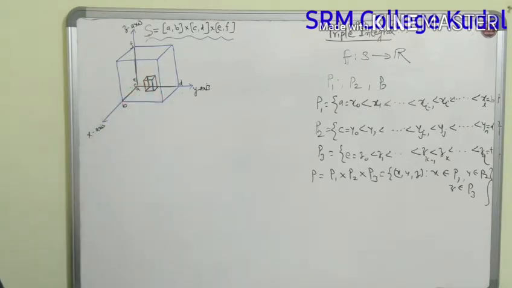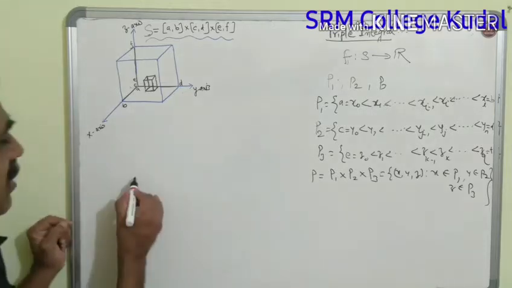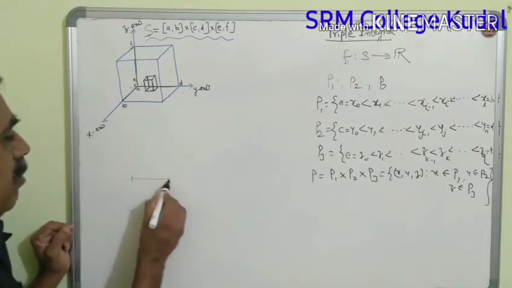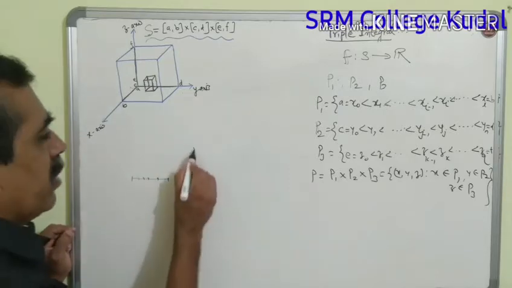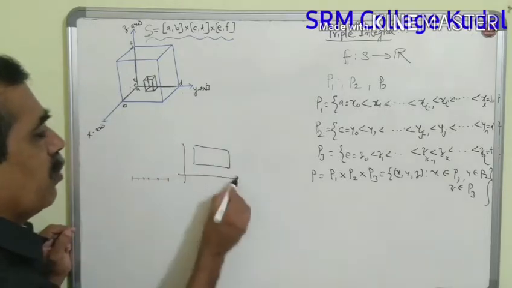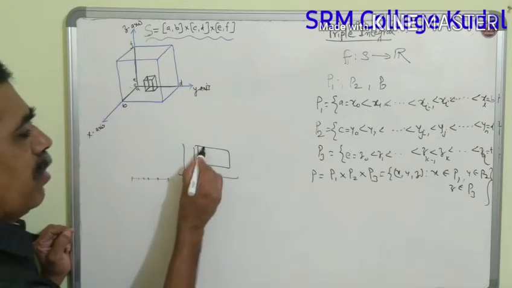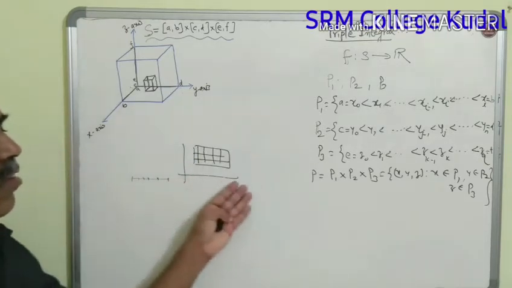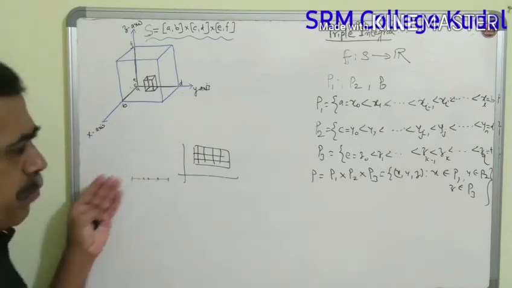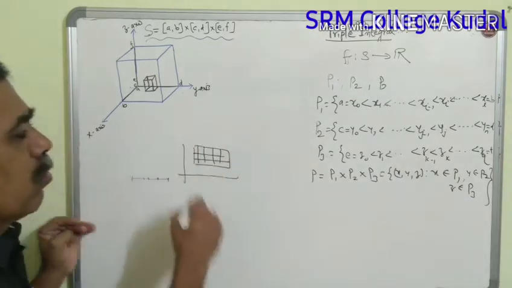Now see, to partition a line segment we require points. To partition a rectangle, you require lines parallel to the coordinate axes.